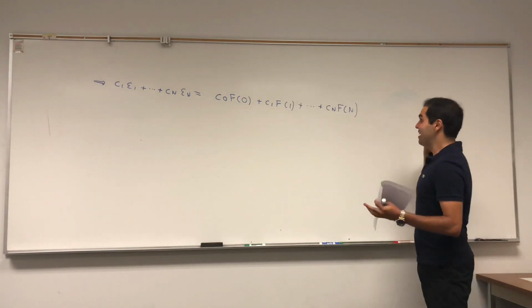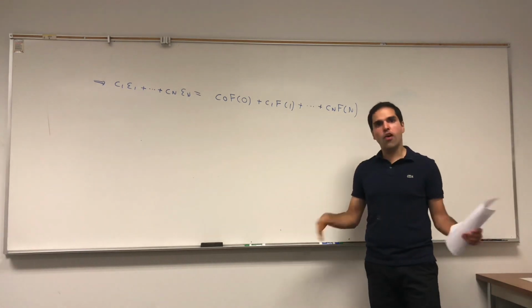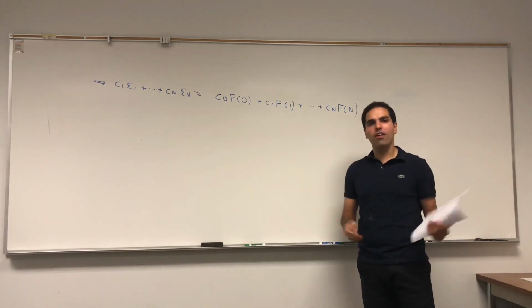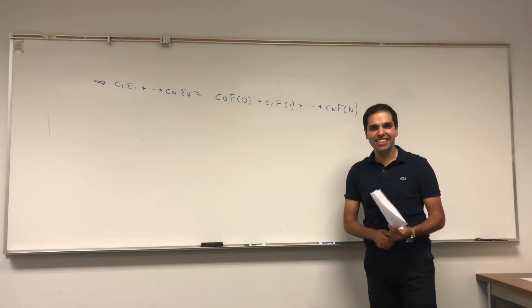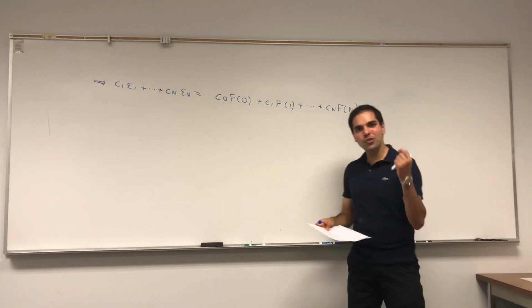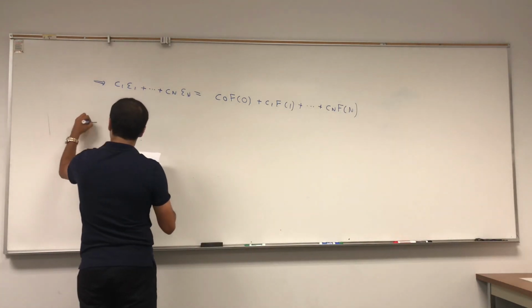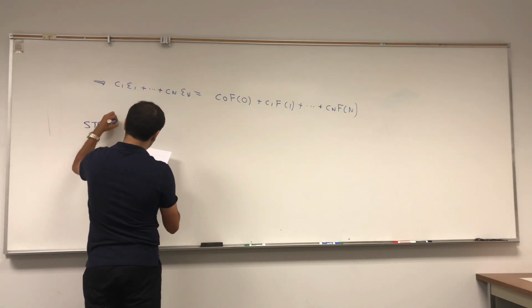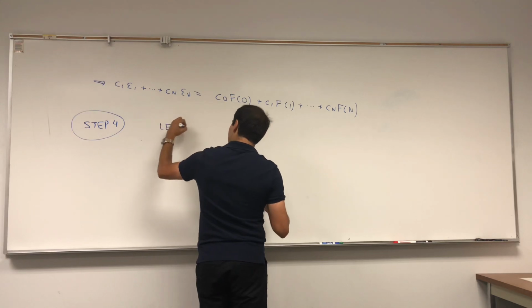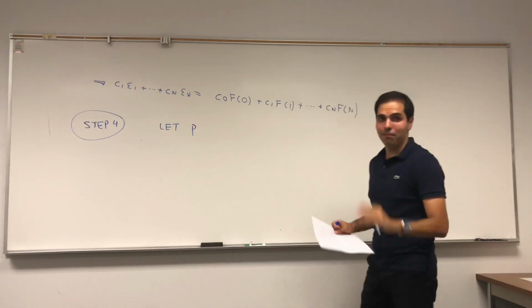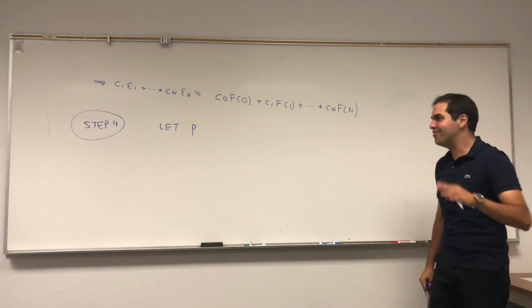But let's now do it for a very specific polynomial, because so far all the results held for any polynomial of any degree, and let's now choose a very specific polynomial. So step 4, let P be a huge prime. We'll select it at the end. It almost goes to infinity.